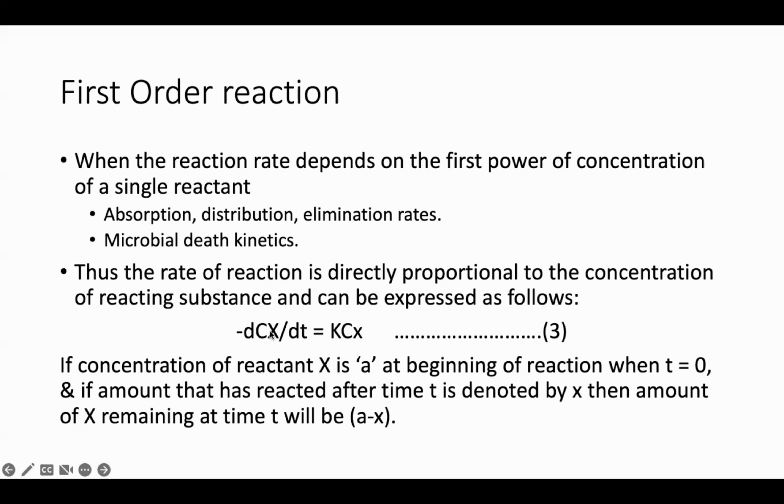So we assume that the concentration at the beginning of the reaction is A, at the beginning, when time T is 0, and if the amount that has reacted after time T is denoted by X, then the amount remaining at time T will be A minus X. I hope that's clear. It will be the amount at the beginning minus what has changed, what has reacted, right?